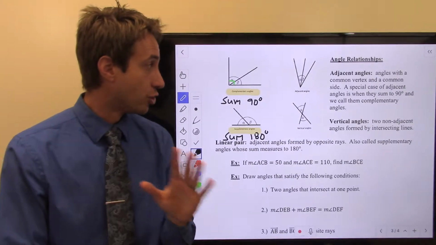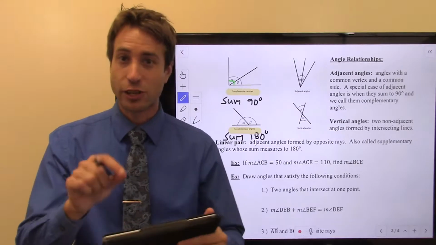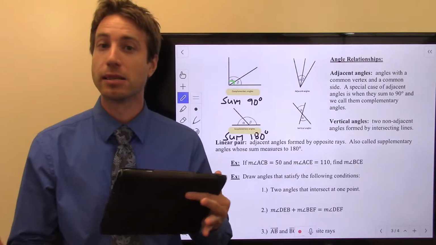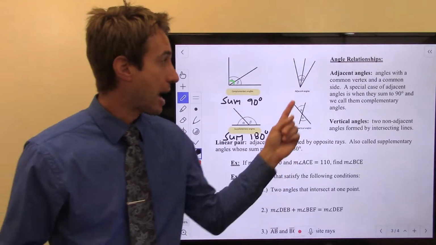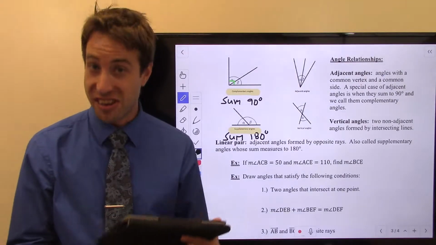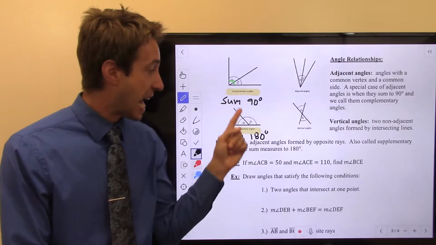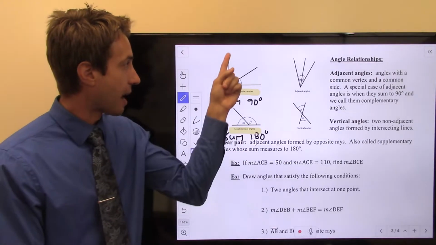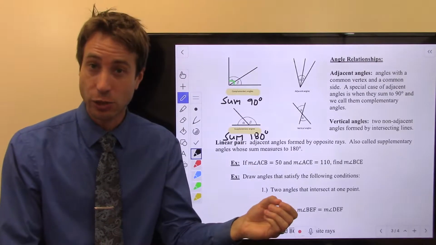Then, just as important, adjacent angles. We used that term adjacent in the last section. Remember, adjacent simply means next to each other. So if you have adjacent angles, these are going to be angles that are next to each other. Both complementary and supplementary angles are adjacent angles. I have the angle alpha and the angle beta. They're right next to each other.